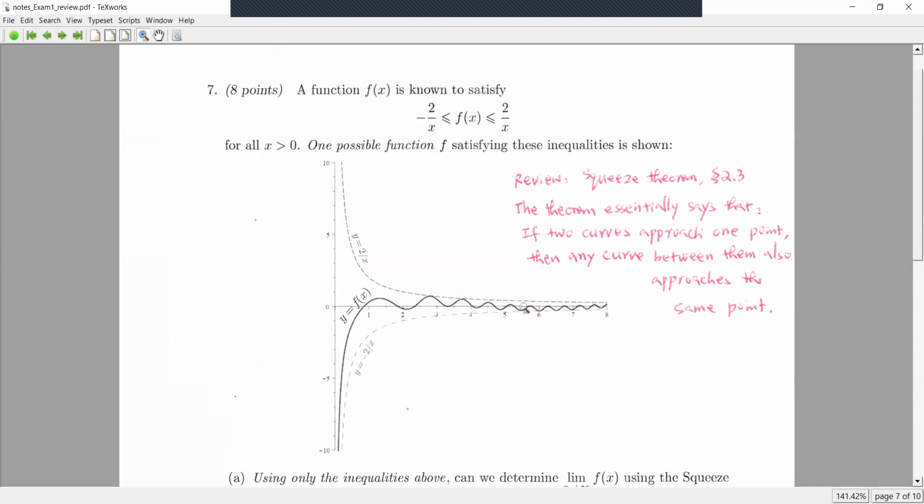It may approach negative infinity, may approach positive infinity, may approach some finite point. All are possible. So the answer to B is we cannot tell the limit of the function as x approaches 0 from the right side, because the upper function and the lower function don't approach the same point.